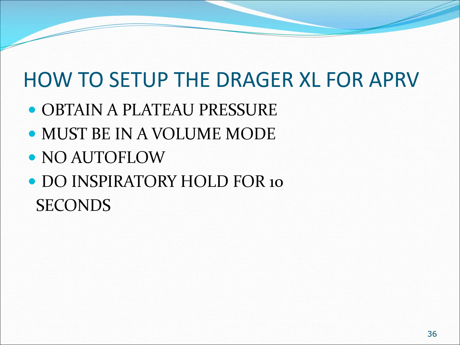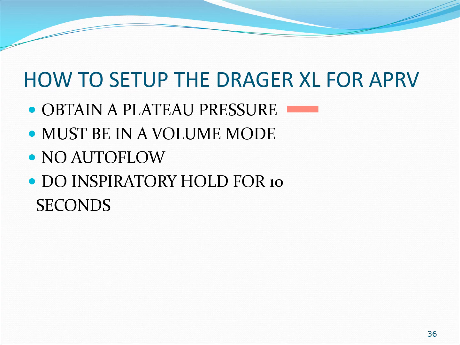Now, I'm talking about a Draeger, but I imagine you could use any ventilator that has an APRV mode, and it may not be called APRV. It might be called biphasic, dual PAP, or bilevel. But whatever the case, this is how you do it. First of all, you need a plateau pressure.